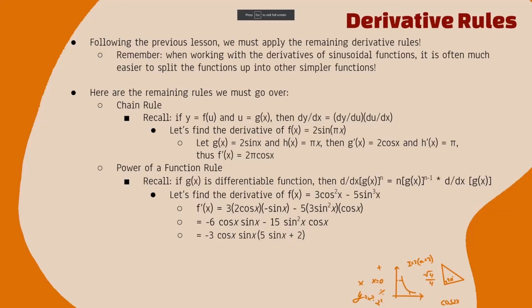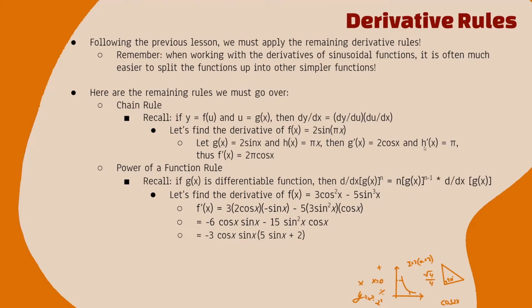We have something, g of x, to the power of n, and we want to find the derivative of it. The way we do that is we first multiply by the power, so we bring n to this side. Then we subtract 1 from the power, so we get this form right here.